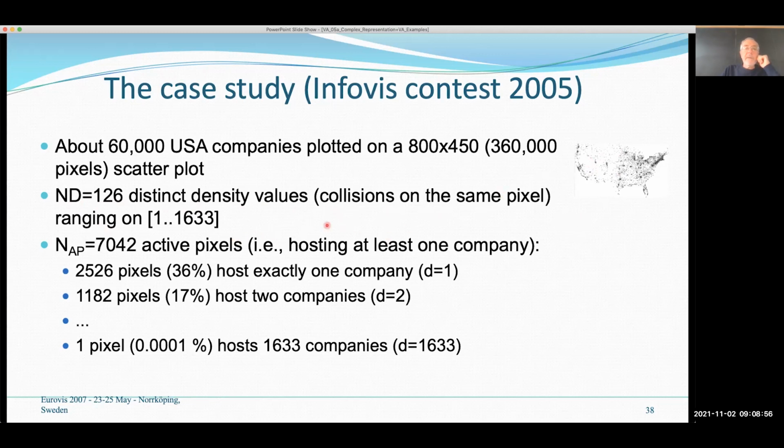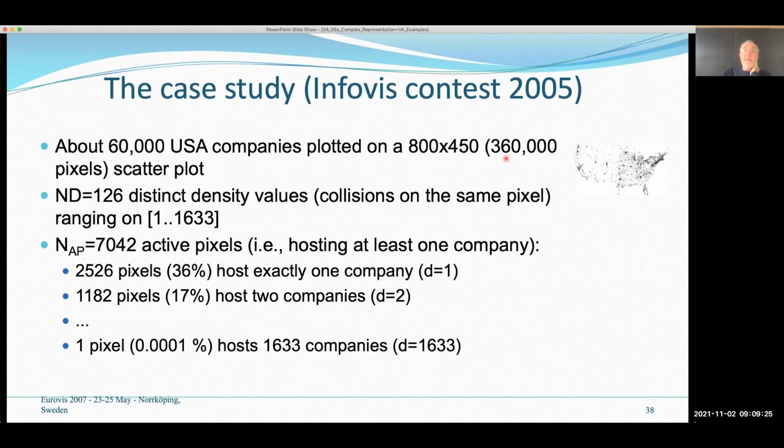Some pixels have only one company inside, ranging up to 1,633. There is one pixel somewhere here in which we have 1,600 collisions. And the main point is that the distribution of this density is very odd, very skewed.